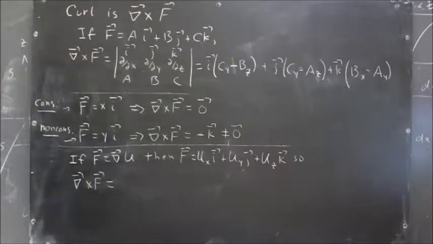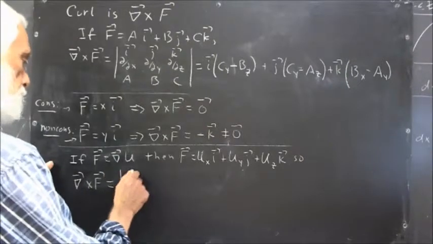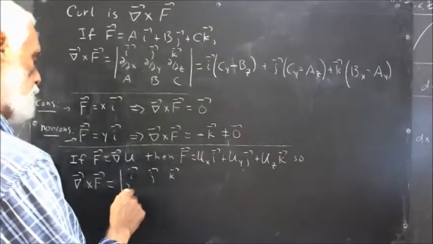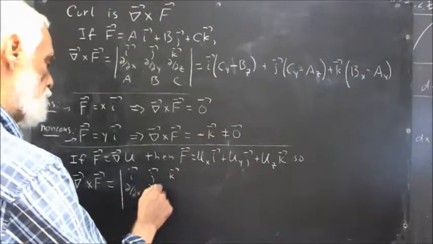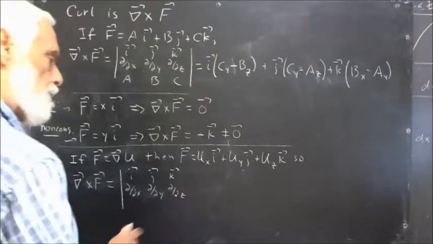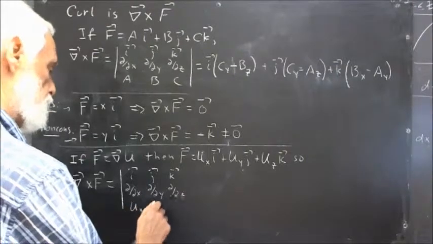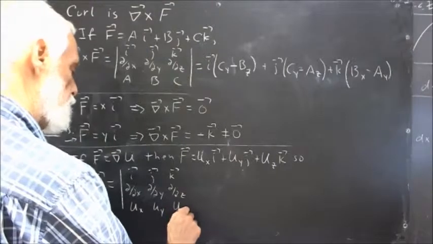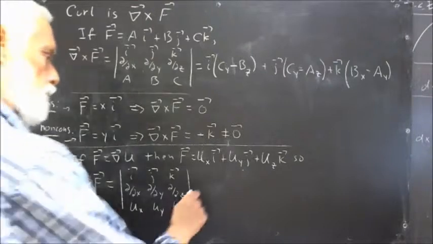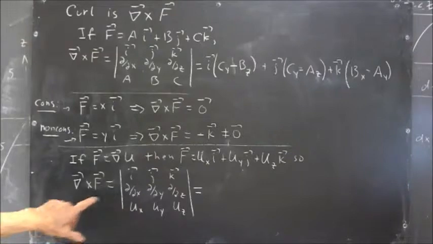So that del cross F equals what? Well, del cross F is going to be the determinant ijk, partial with respect to x, partial with respect to y, partial with respect to z, and then we're going to have Ux, Uy, and Uz. Okay, so what do we get if we calculate this cross product?